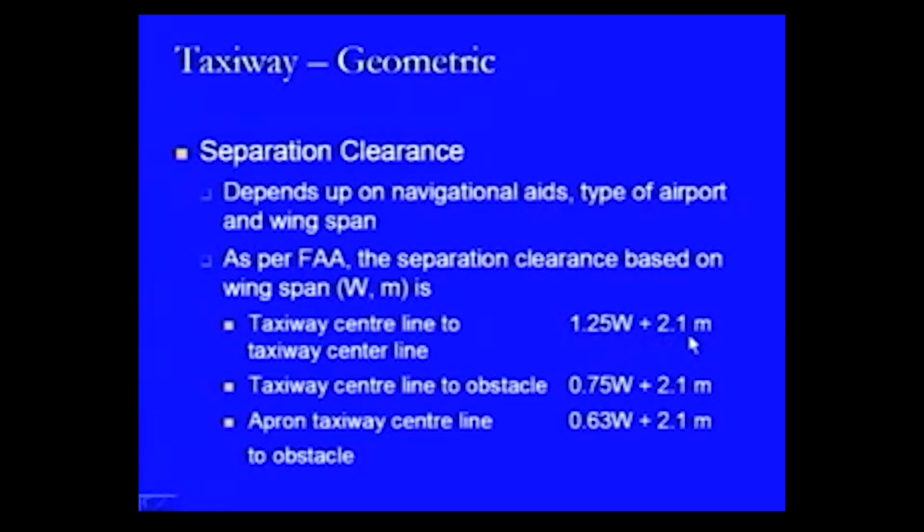Whereas, in the case of taxiway center line to obstacle, it is taken as 0.75 times W plus 2.1 meters. For apron taxiway center line to obstacle, it is taken as 0.63 W plus 2.1 meters. So, this is how we can compute the separation clearance based on wingspan as given by FAA.